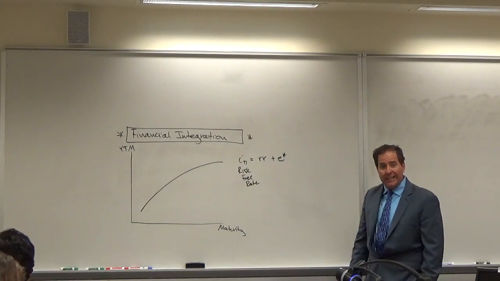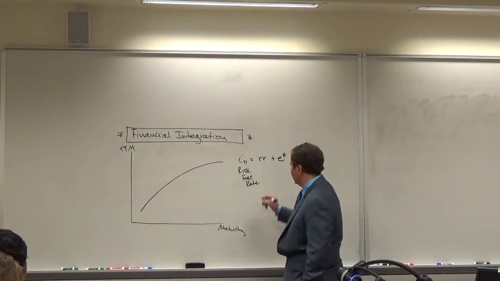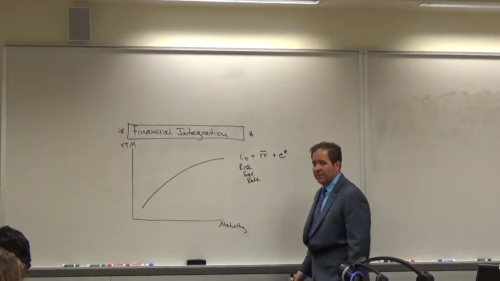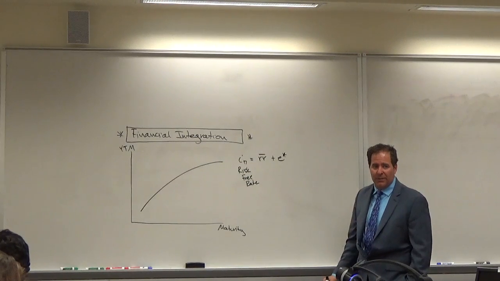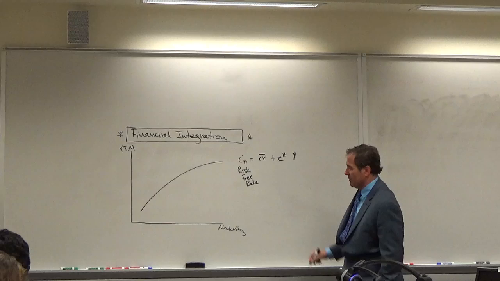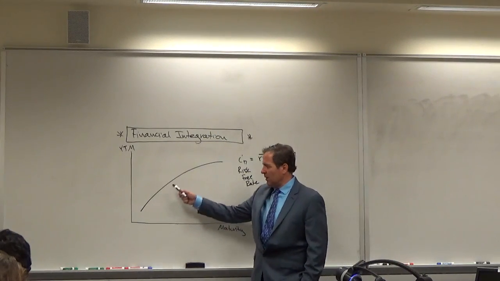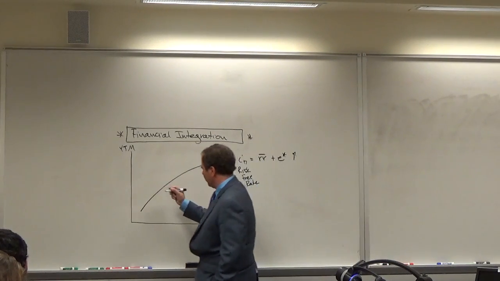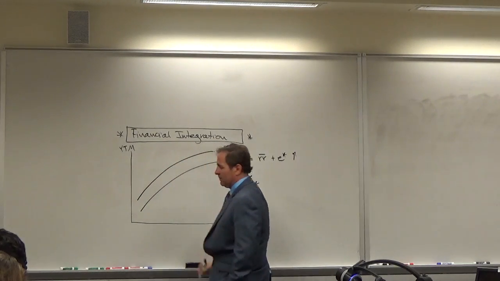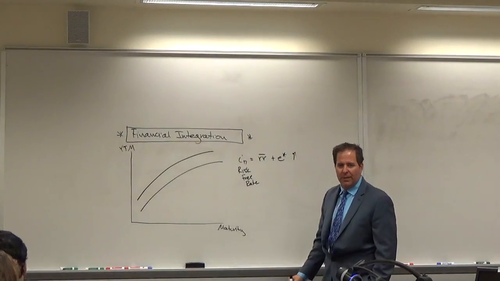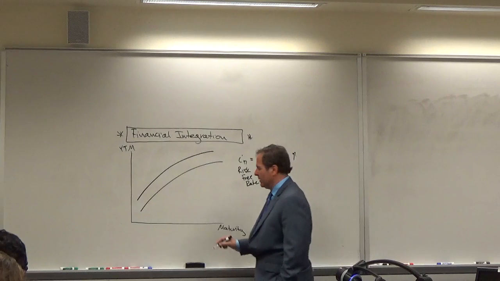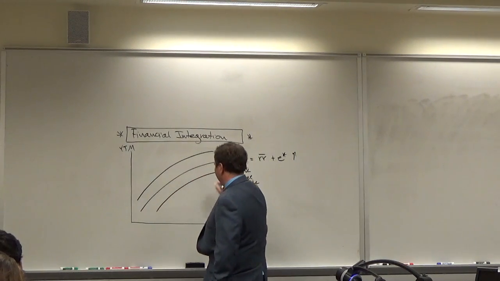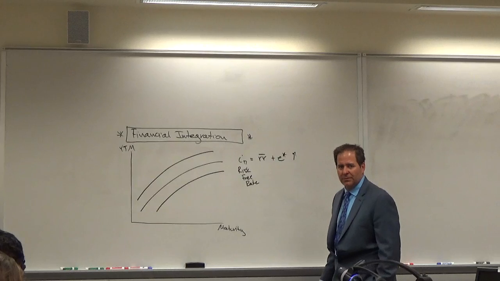Real rates of return do not change in the short run. So basically movements in interest rates and movements in yield curves are determined solely by changes in inflation expectations. If inflation expectations go up along the curve, the risk-free rate, the yield curve, will shift up. And if inflation expectations go down, interest rates and the risk-free rate will shift down.